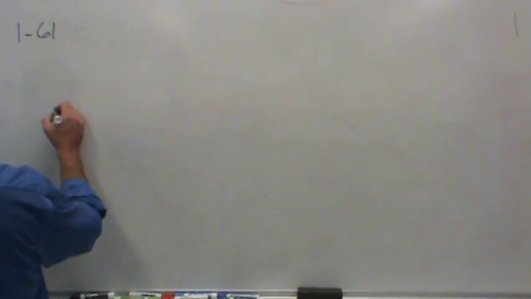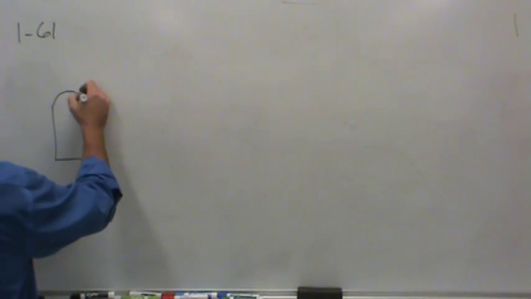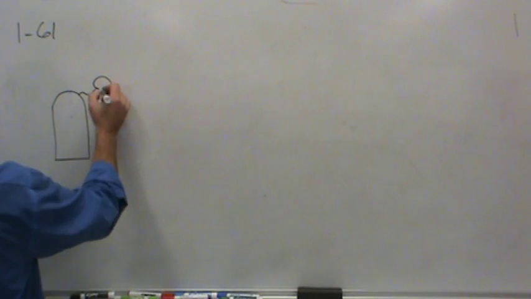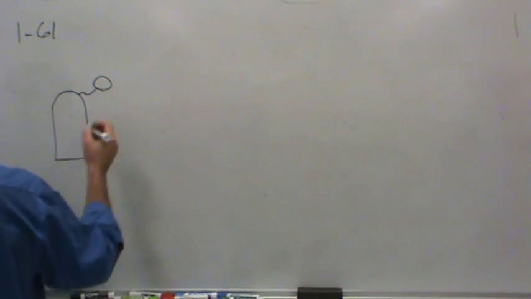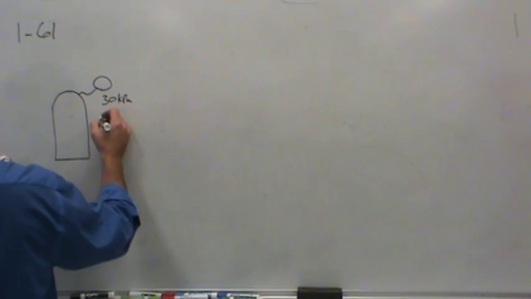So let's sketch this system and see what's going on. We've got a tank, and the gauge on the tank reads 30 kilopascals of vacuum.